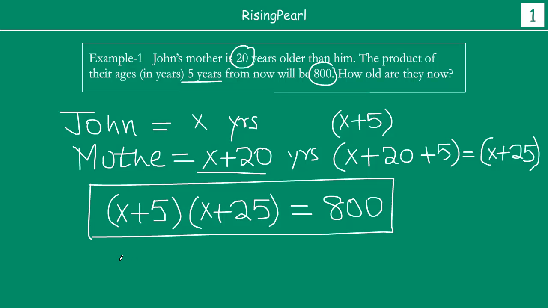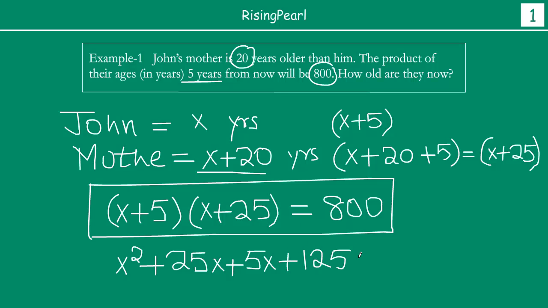So you will have X squared plus 25X, which is the first term here: X multiplied by X and then multiplied by 25. Then plus 5 multiplied with X and with 25, so you will have plus 5X plus 5 times 25, which is 125. Now this is equal to 800.